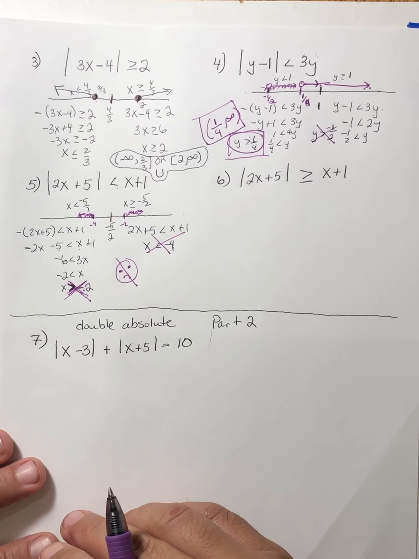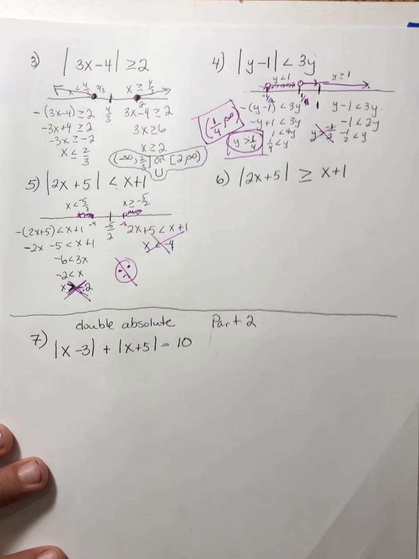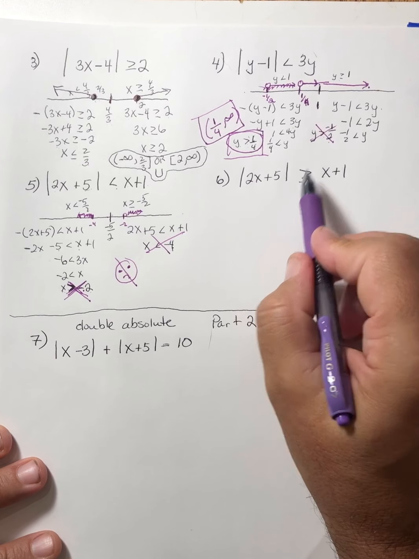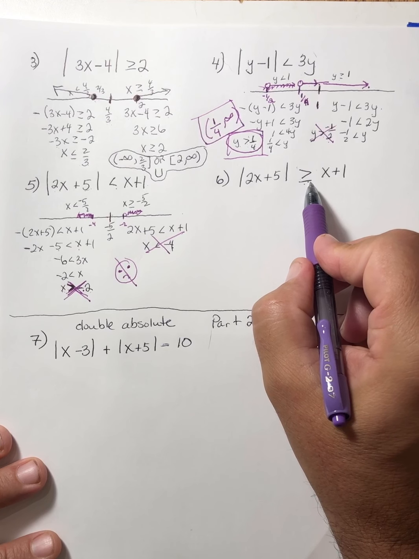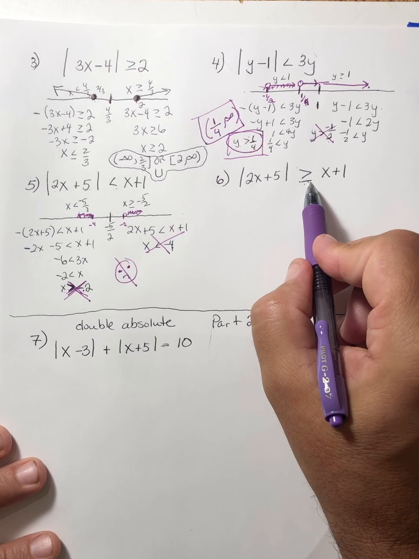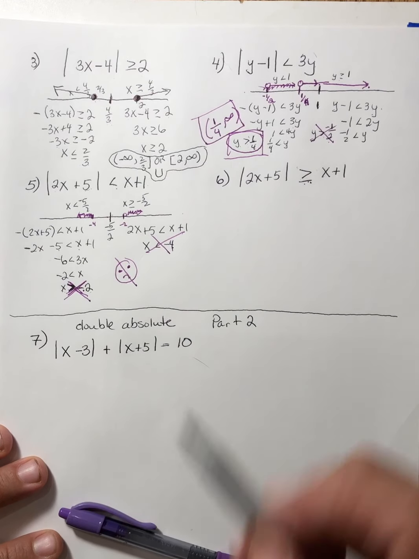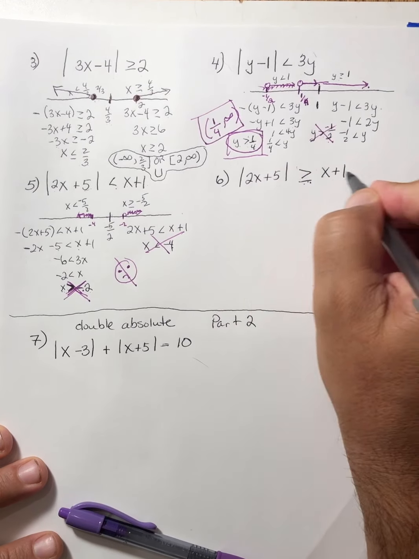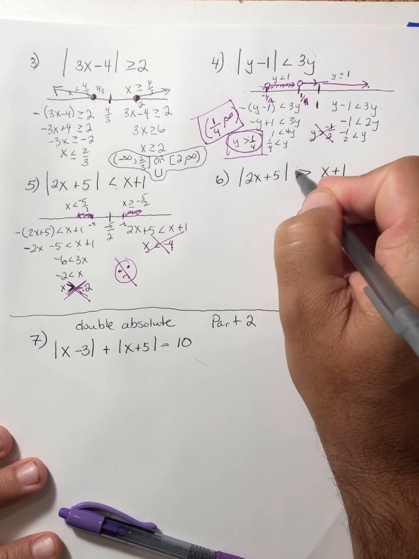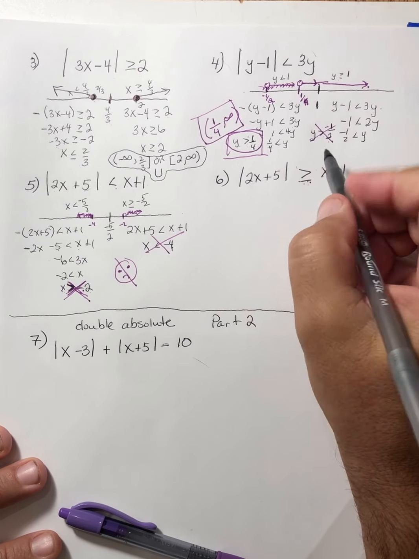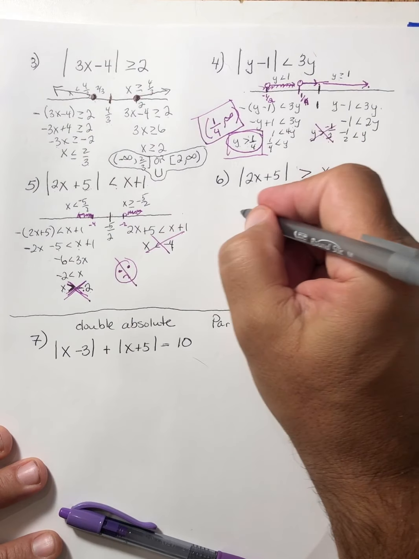All right, now I want to show you something very unique. What happens when I flip the inequality over? Notice I flipped the inequality over and I made it a greater than or equal to. So we have all the work right here. So all I'm going to do is just draw my number line. So it's the exact same question. I just flipped the inequality over and I included an equal sign. The reason why I included an equal sign is because I wanted to make sure I included negative 5/2.